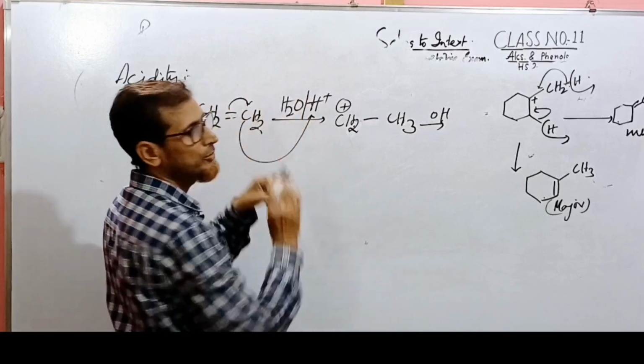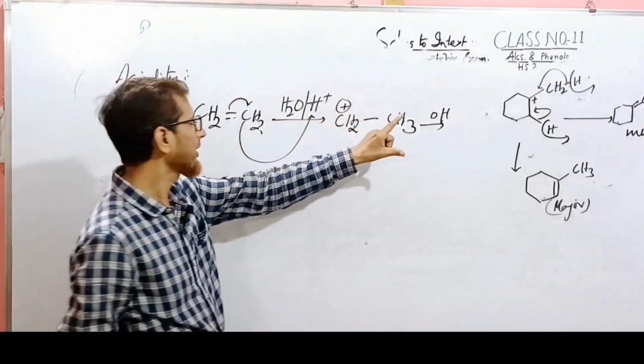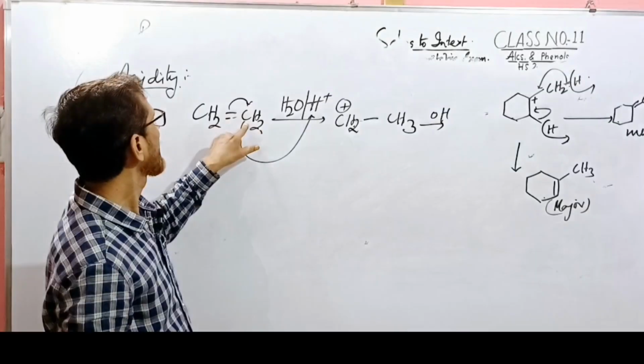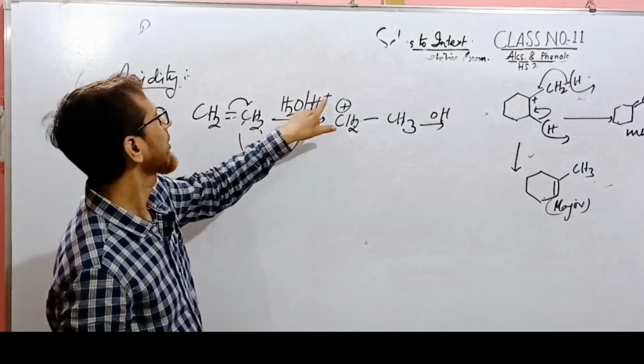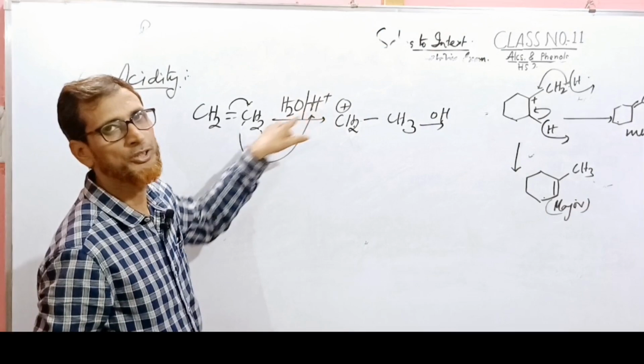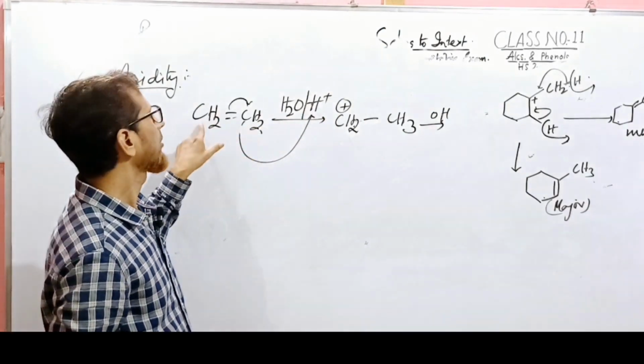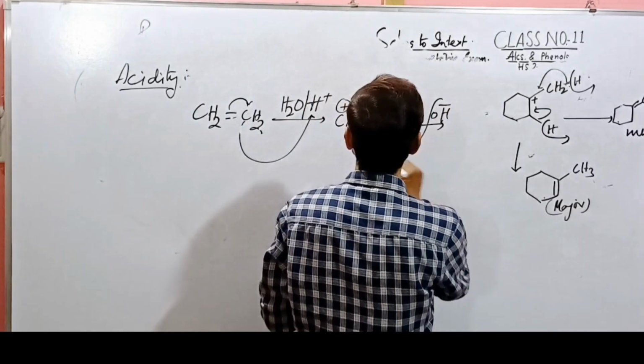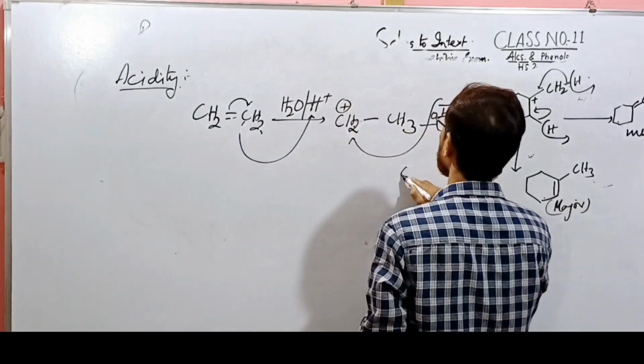Next part is very simple. Water has broken into OH negative and H positive. First the bond is withdrawn, the negative sign comes here, and H plus attaches with the negative part, which becomes positive, and OH negative will come forward here.